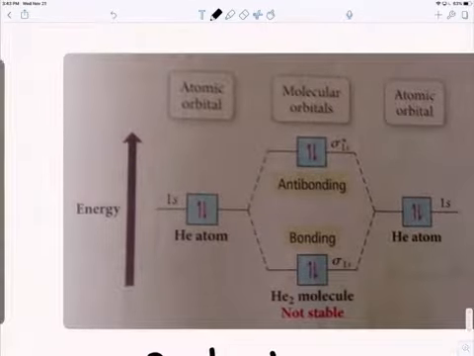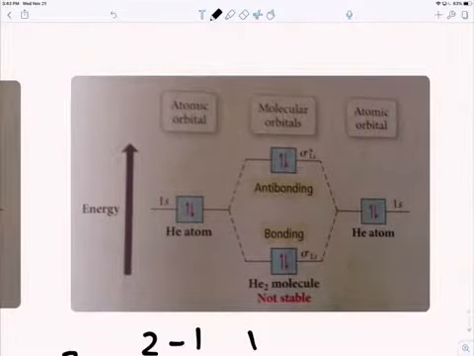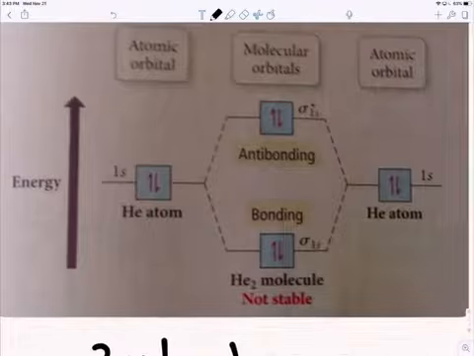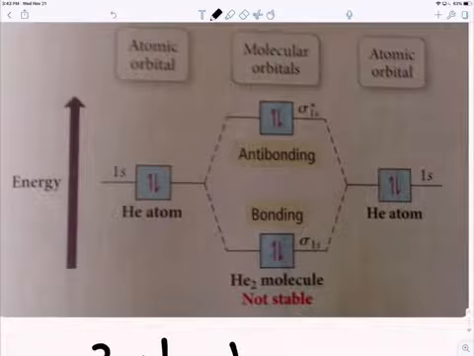What about helium? Can helium form a molecule? Why doesn't helium bond with itself? Well, if 2 helium atoms approach each other, and this does happen, their atomic orbitals turn into 2 molecular orbitals, and then the electrons populate.